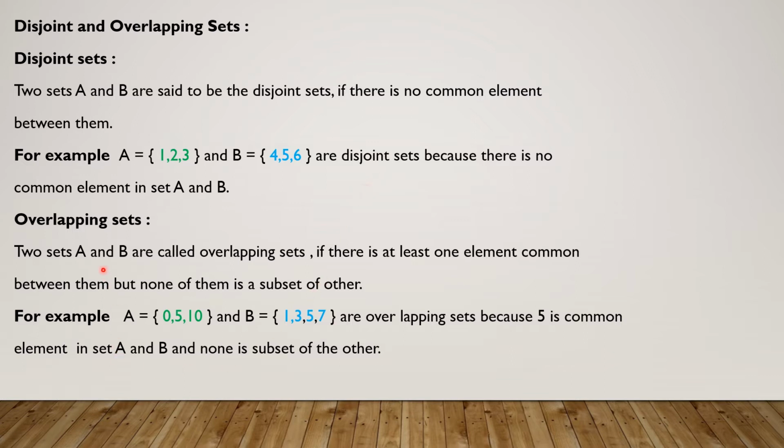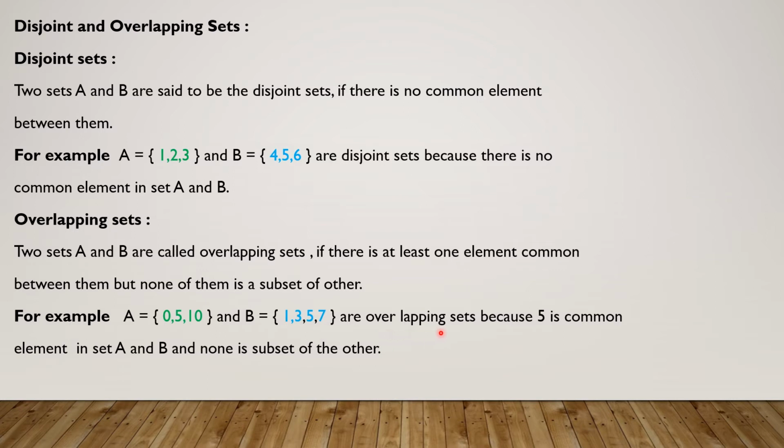See the next definition, overlapping sets. Two sets A and B are called overlapping sets if there is at least one element common between them, but none of them is a subset of the other. For example, A = {0, 5, 10} and B = {1, 3, 5, 7}.